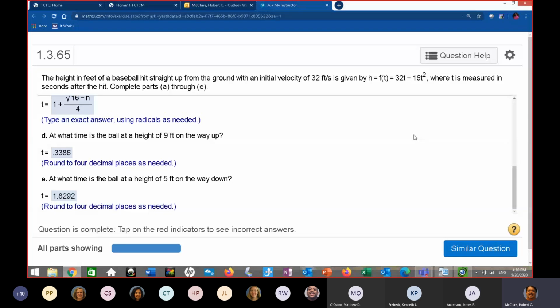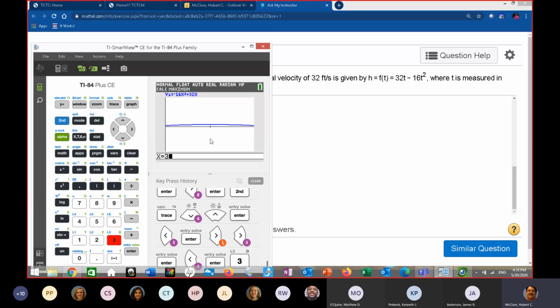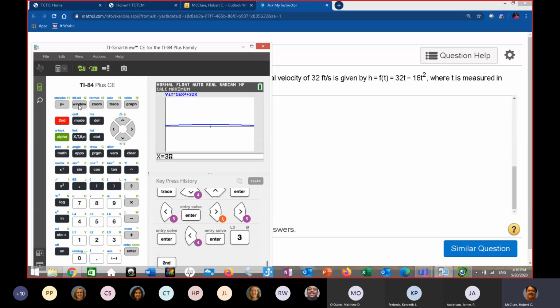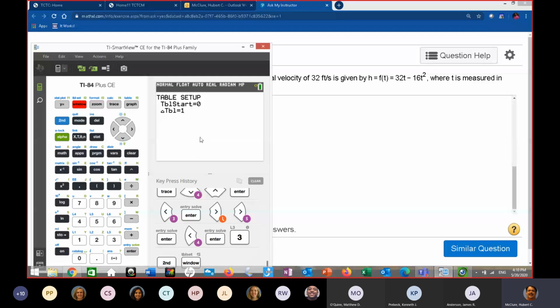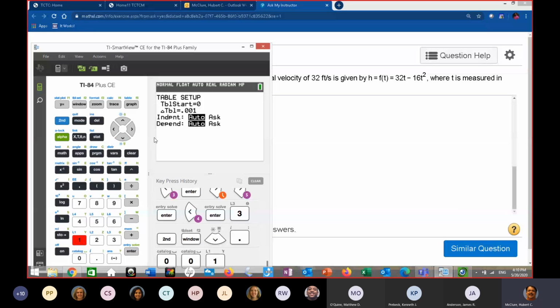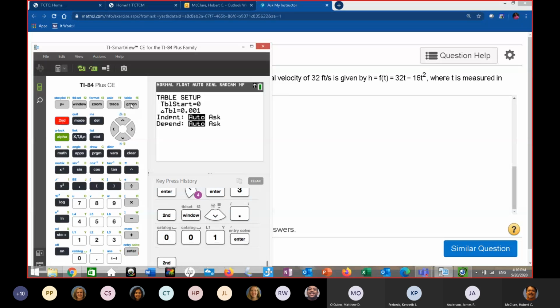You can take your second table set, and you can set that to like 3 digits, 0.001, and you can actually take second and go to table graph.